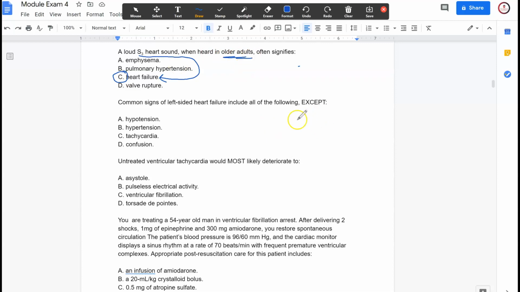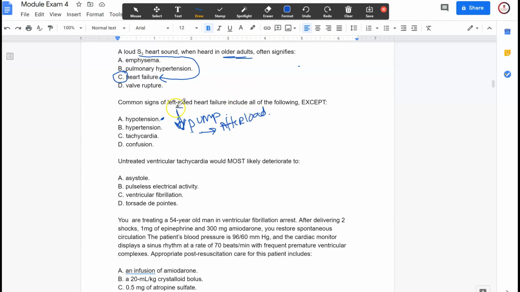Common signs of left-sided heart failure include all of the following except hypotension, hypertension, tachycardia, or confusion. Hypertension, yeah, usually, because remember you have a decreased ability to pump. So a weakened heart is pushing against increased afterload, so your blood pressure will be up.